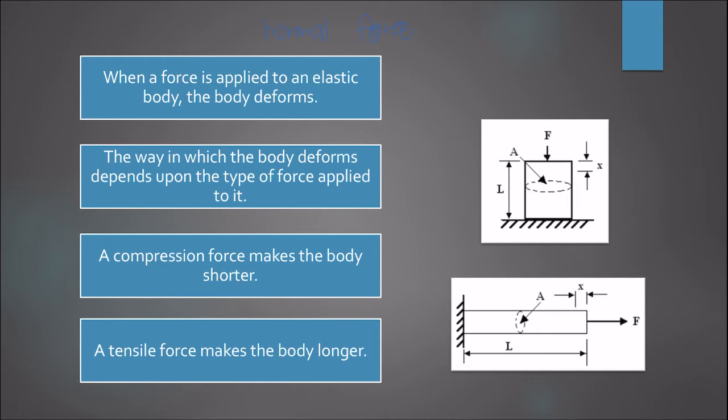A compression force makes the body shorter, a tensile force makes the body longer. So this is what I explained before. This is the example of the object that is being applied the compression force, and this is the object that the tensile force is being applied to.